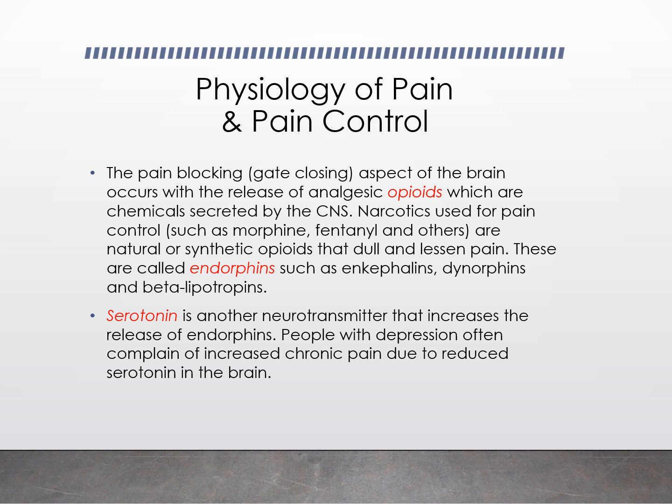Synthetic opioids are the narcotic pain medications that we use for pain control, and natural opioids are endorphins. Those are like your feel-good hormones. Serotonin is a neurotransmitter that can increase the release of those endorphins. So these are different things that can close that gate so that we don't interpret the pain the same way.